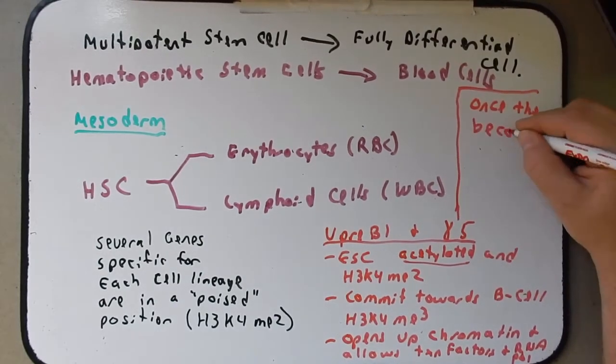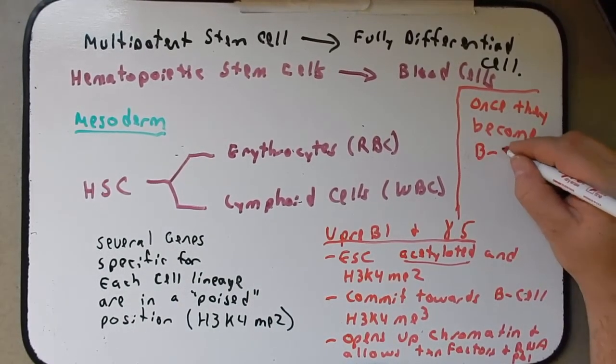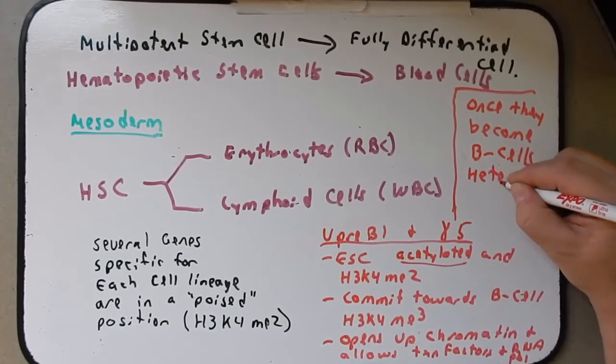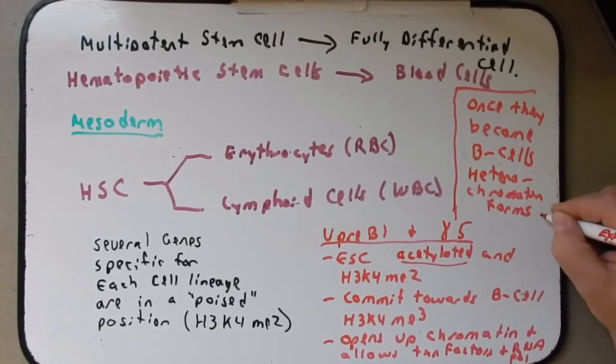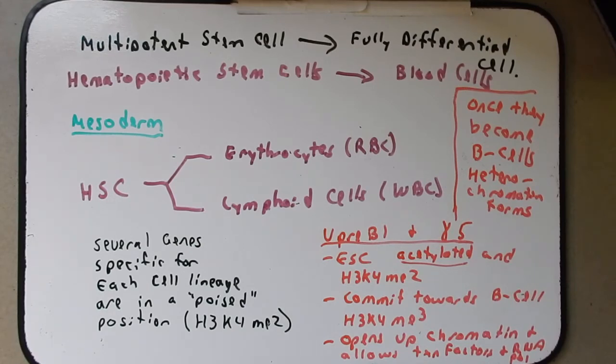Once they become B cells, heterochromatin forms around these genes. So you can see this is a fairly efficient process where you have these genes here, VPRE-B1 and gamma 5, in the hematopoietic stem cells. They are in this poised position, ready to be turned on once proper signals come along and signal the hematopoietic stem cells to become B cells.